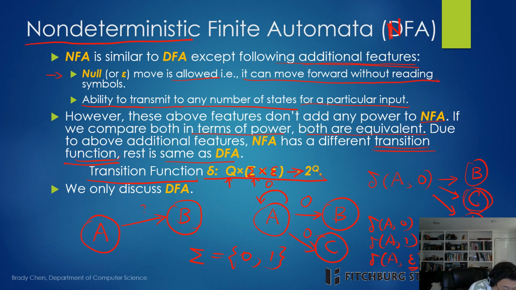Now, which potential state the transition function is going to move to is also uncertain. It might be any of the states. So potentially it could be 2 to the q. If we use the two symbols, sigma, it's going to be 2 to the q.